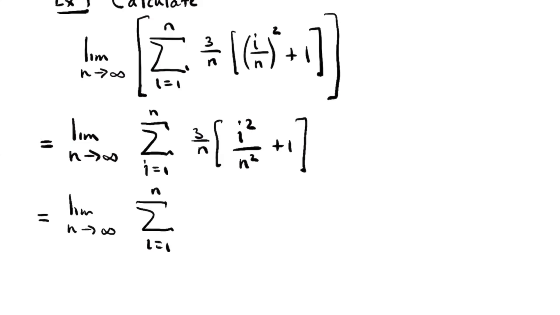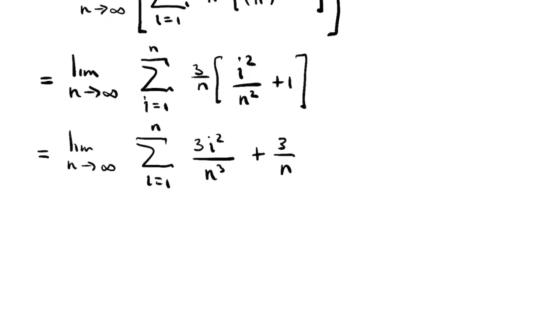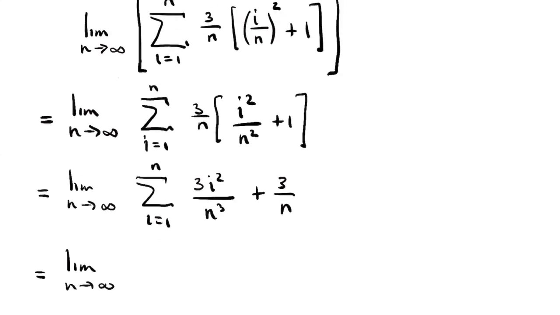I'm going to multiply that 3 over n through there. So I get 3 times i squared in the numerator, and a total of n cubed in the denominator. 3 over n plus 1 is 3 over n. Now, like in the previous example, I'm still going to take this limit, but I'm going to push the sum through.